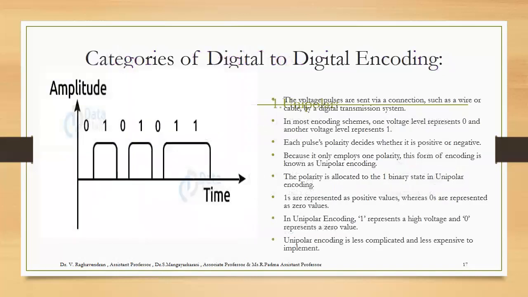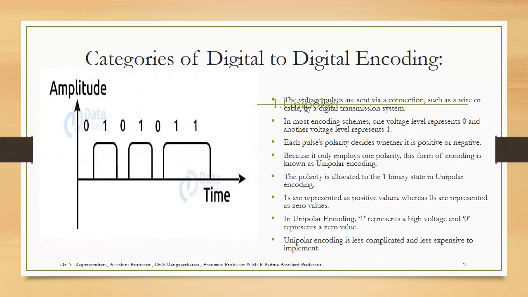These are the different categories of digital to digital encoding. First one, unipolar. The voltage pulses are sent via a connection such as wire or cable or any digital transmission system. In most encoding schemes, one voltage level represents 0 and another voltage level represents 1.